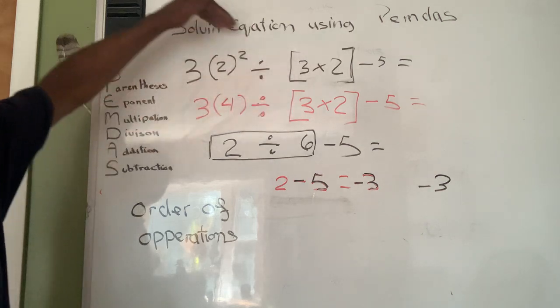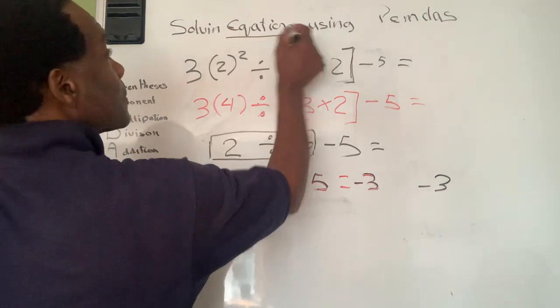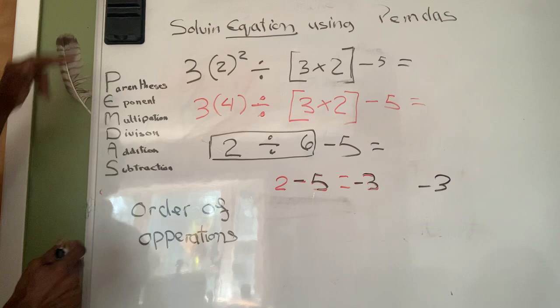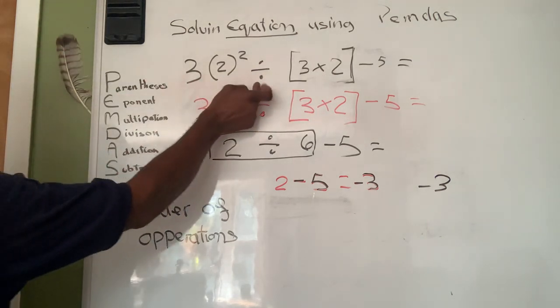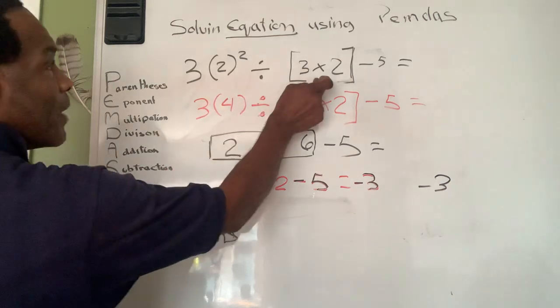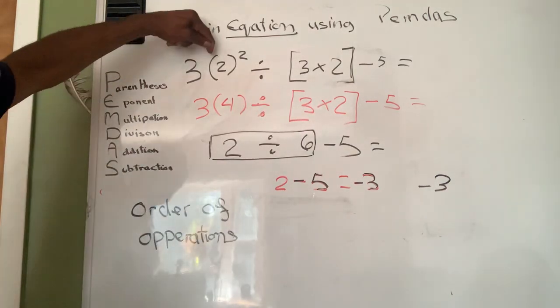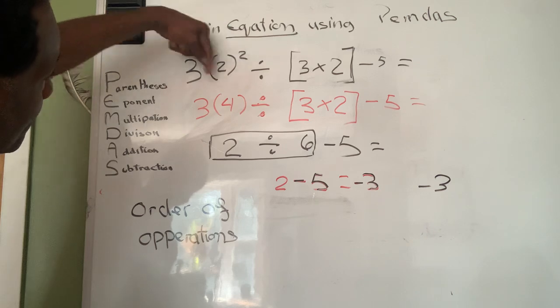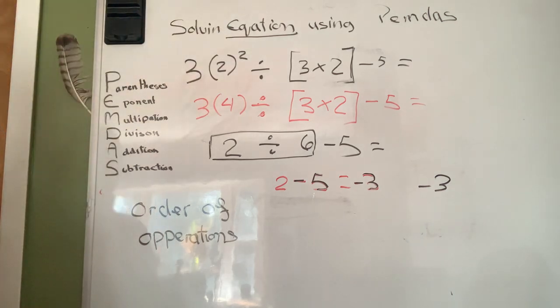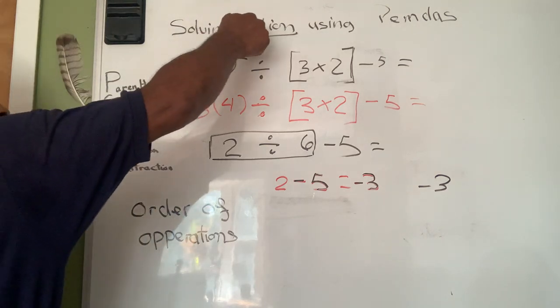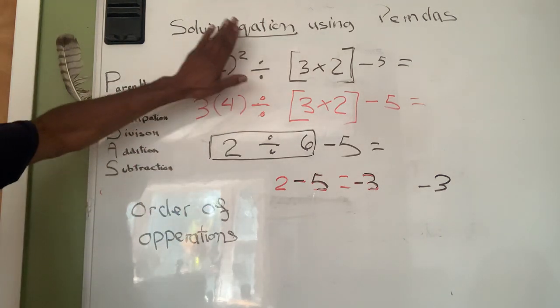But as you look at it, you know this is an equation, and in order to solve this equation, because you have more than one operation, you have division, multiplication, and this parentheses implies that we have multiplication. But we also have an exponent. So we have to make sense.